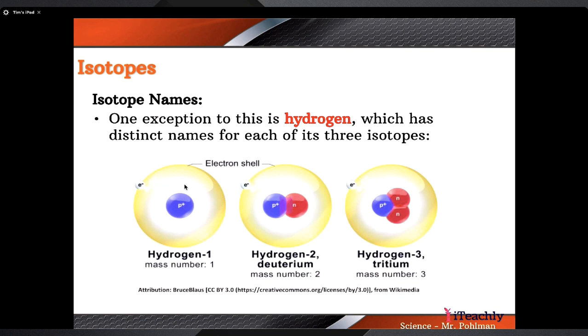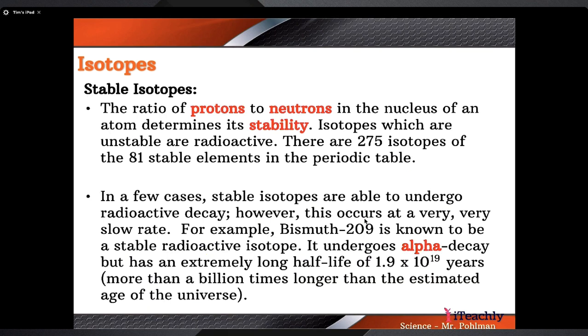But looking at the actual isotopes themselves, every one of these has the exact same number of protons, the exact same number of electrons, but their number of neutrons is going to differ. So we have hydrogen, this is our deuterium, and this is our tritium right here. So it gives you a little bit of a graphical picture of it.